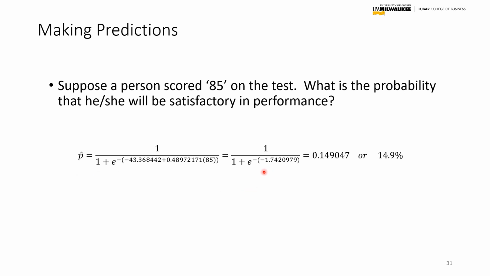We find the prediction of the logit value to be minus 1.7420979. Taking the minus of that minus value, and be careful, that would be a plus, and then in the end you should be able to confirm you get a prediction of 0.149047 or 14.9%.